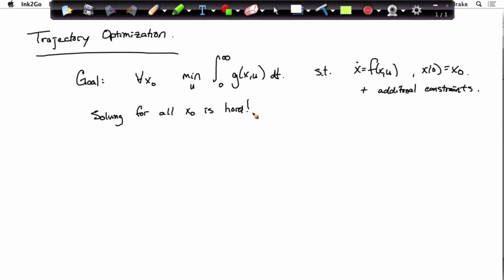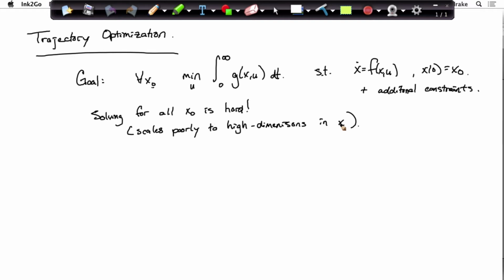In particular, it scales poorly with dimension. If I have to solve for every possible x0, where x0 lives in some high dimensional space, then that becomes computationally extremely hard to do.